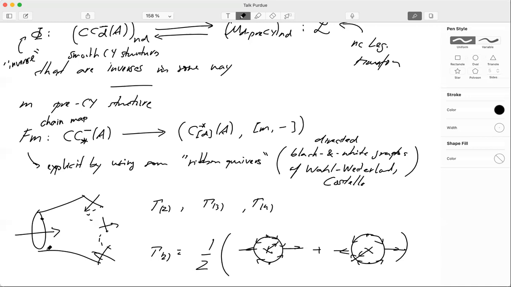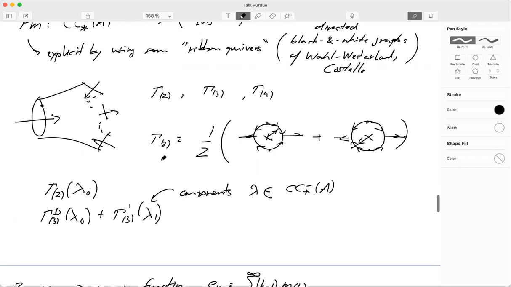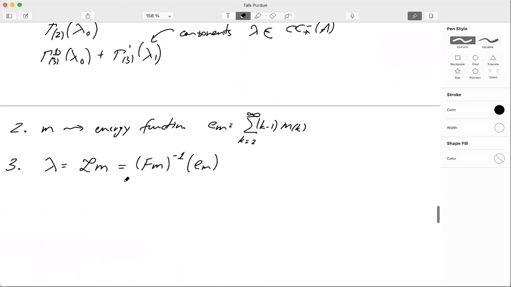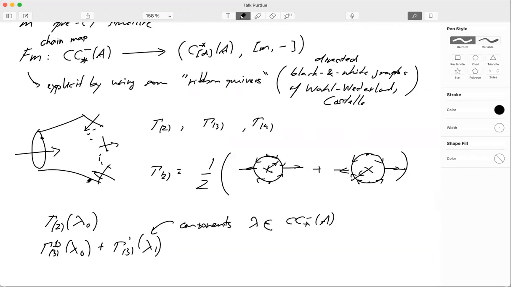Okay, interesting. But Alex, there's a statement in your first paper, right? Which is maybe like the Hochschild chains of a pre-Calabi-Yau algebra have a structure over a DG prop. Yeah, that's a statement. And that DG prop is described in terms of these graphs, and that extends what Natalie and Ralph have worked on in some way, right?